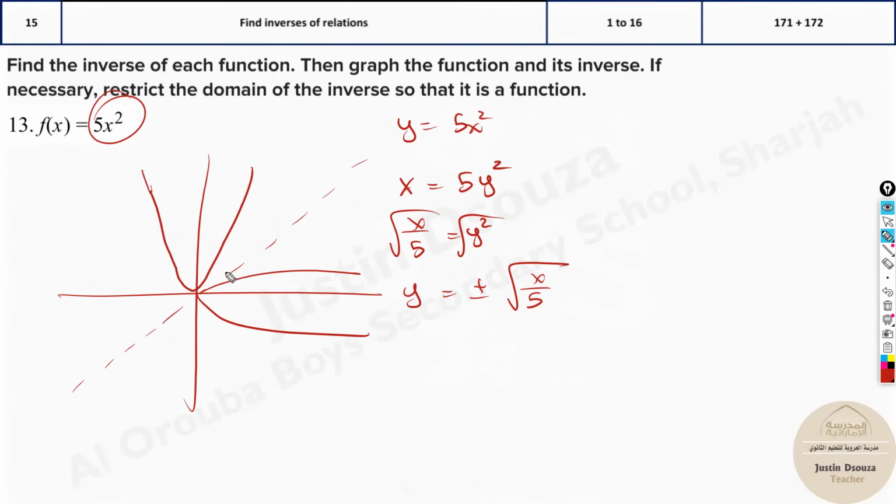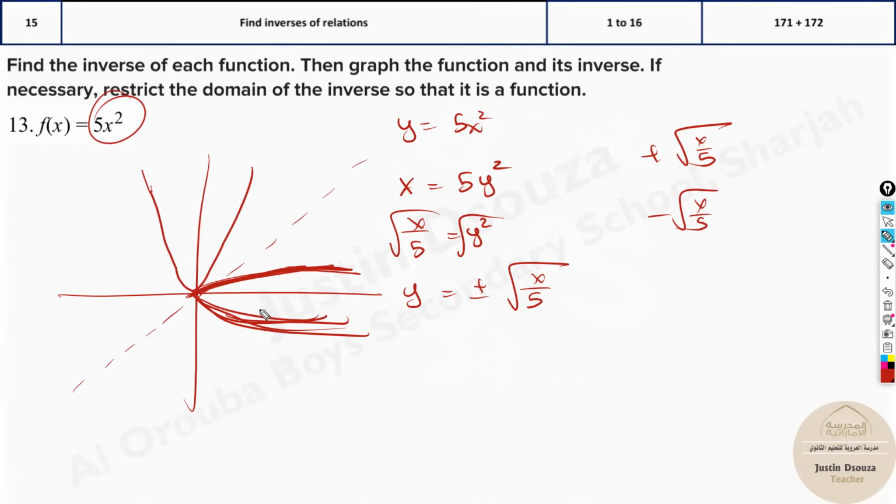It'll be like this. Now these are two separate graphs. This is one graph, one graph. If you see that, plus square root x by phi, you can graph it in Desmos or GeoGebra, other graphing calculators online, and you will see for plus only so much will be there. If you do minus square root x by 5, you will have the remaining part, the down below part.